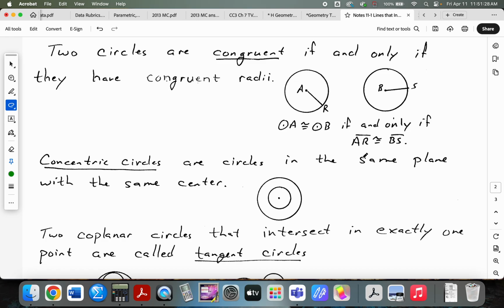Someone said same size and 2 more S words. No, it's not same side interior. Same size, same shape.